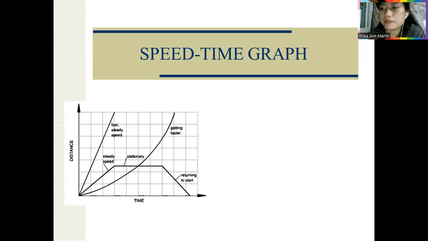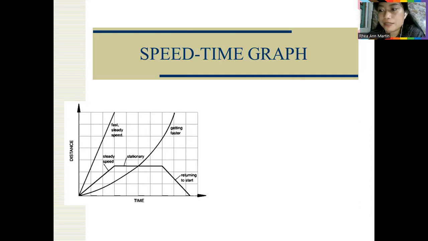So, please remember, speed is the measurement of distance traveled over a period of time. When we say velocity, the rate of displacement of moving object over time.